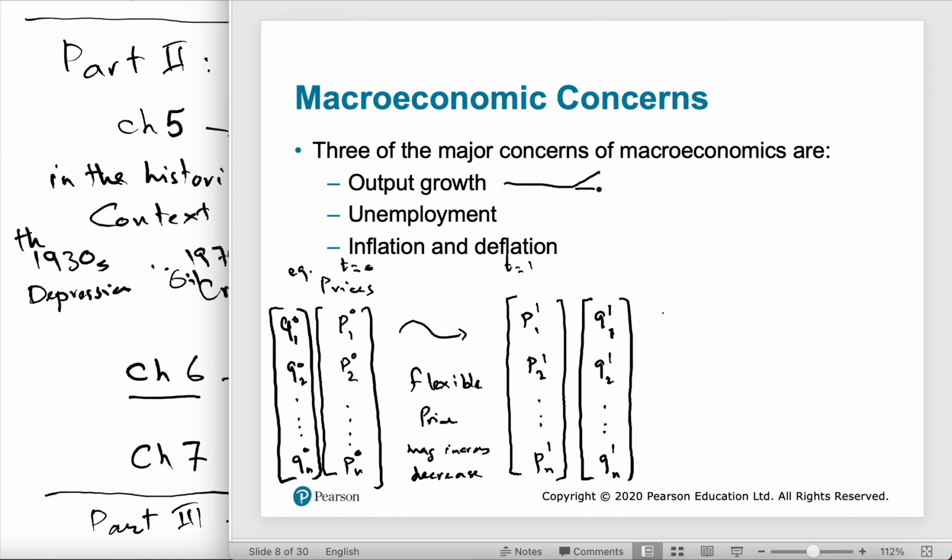So there are three possibilities: growth is 0, growth is positive, growth is negative. If 0, it means that everyone is getting the same amount of output or income. So that's basically no improvement in the economy.